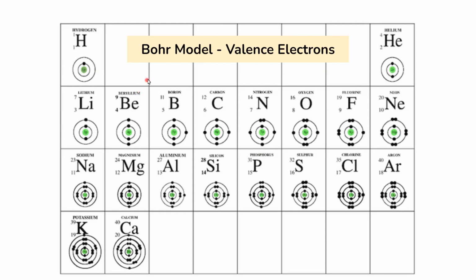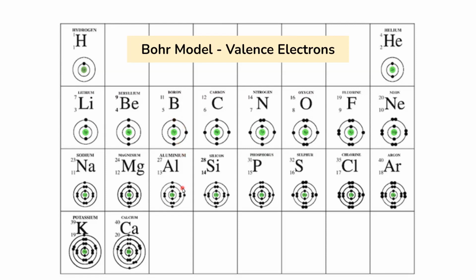Now, remember, we're going to skip transition metals, which would be between these two groups. And here is group 13. Now, boron, the first element in group 13, has n equals 1 and n equals 2 orbitals. So again, the n equals 2 orbital is the valence orbital, and that's true for any period 2 element. We see that boron, the first element in group 13, has 3 valence electrons.